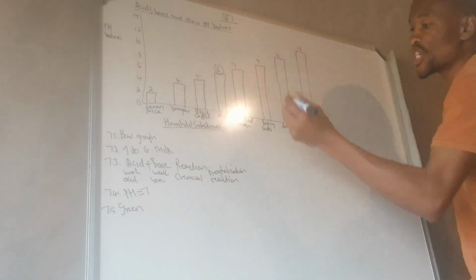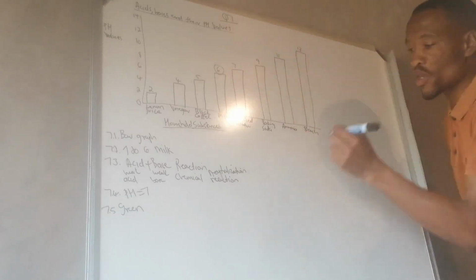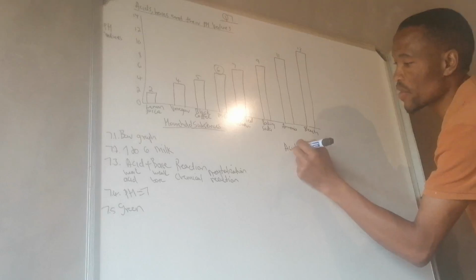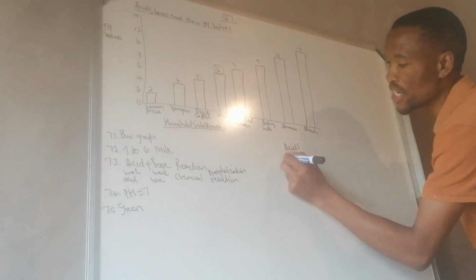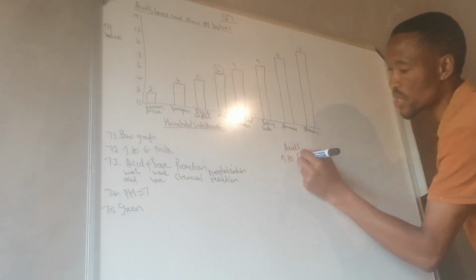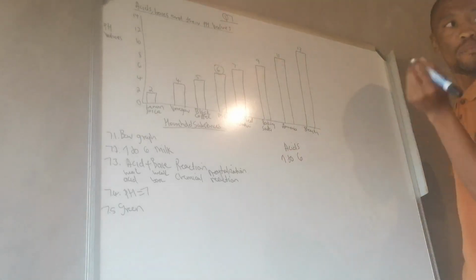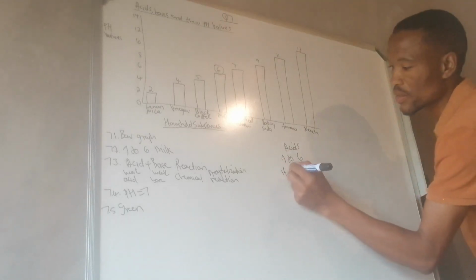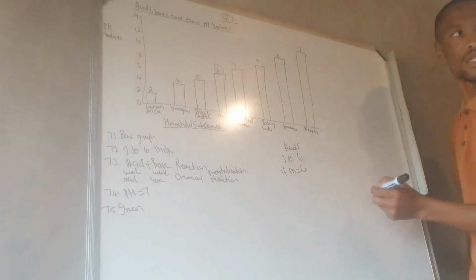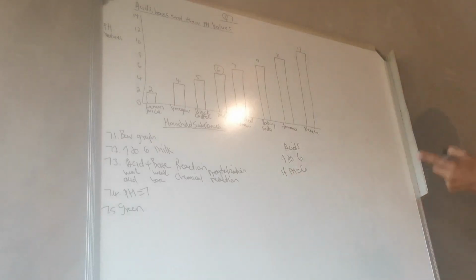In terms of acidity, pH ranges from 1 to 6. If your pH is 6, does this mean you are most acidic, or the least acidic? You are the most acidic.